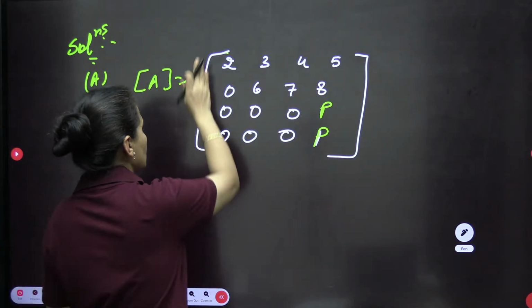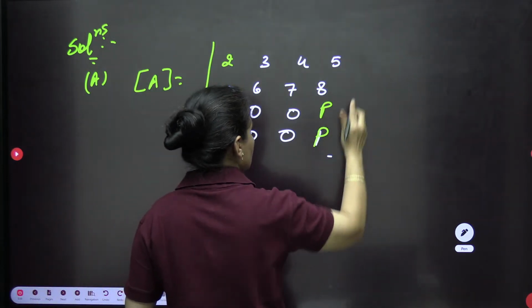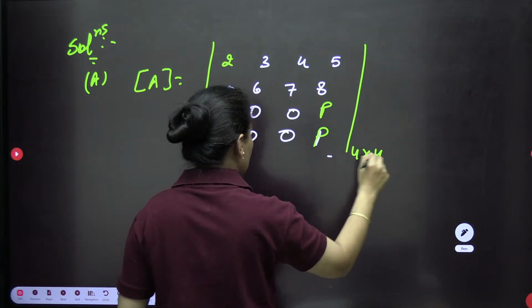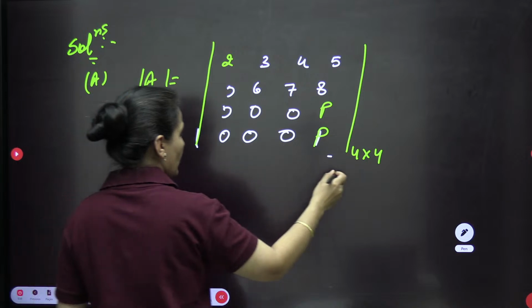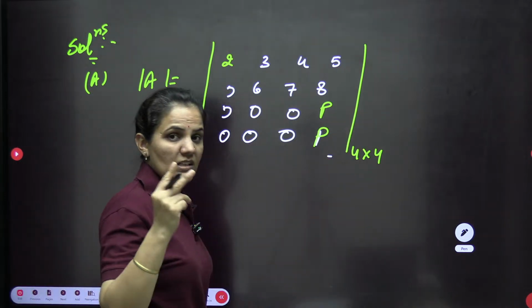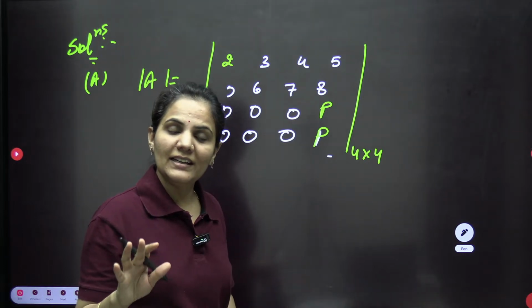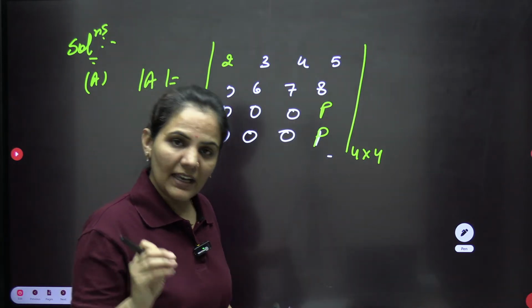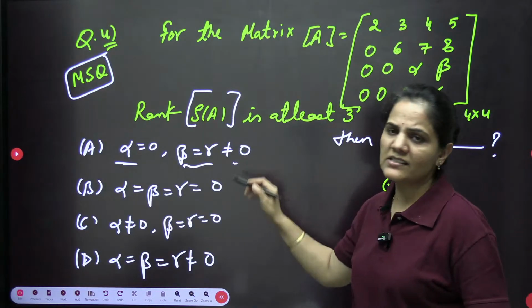So first of all, children, I am writing this as a 4 cross 4 matrix, not in matrix form but in determinant form, because we used to find the rank using the determinant. I can see directly that in the 4 cross 4 matrix the last two rows are identical. It means beta and gamma are equal already, it's given that beta gamma are equal but not equal to 0.